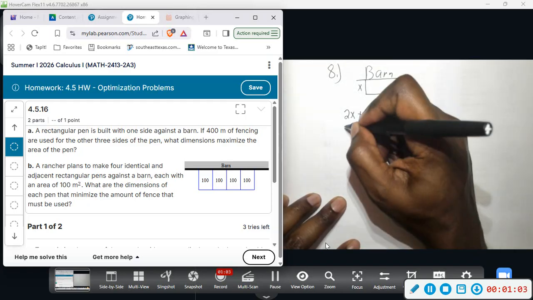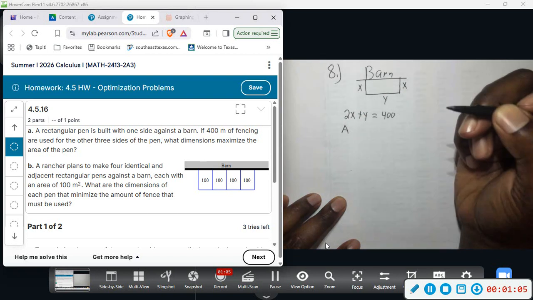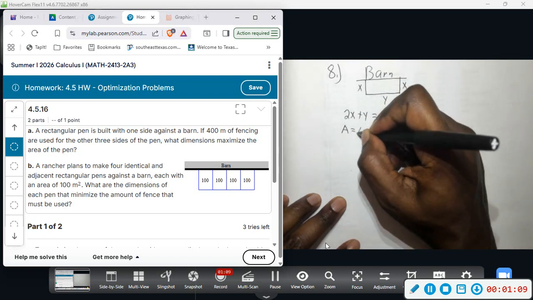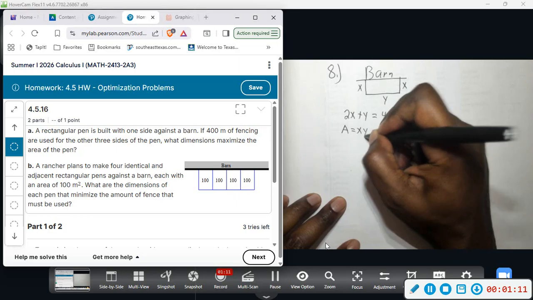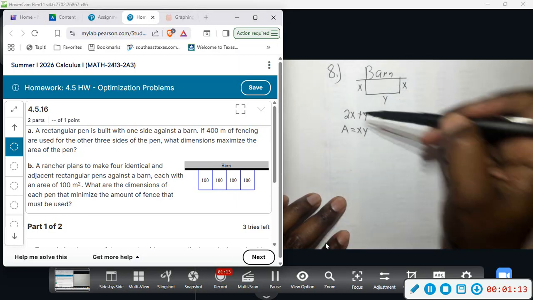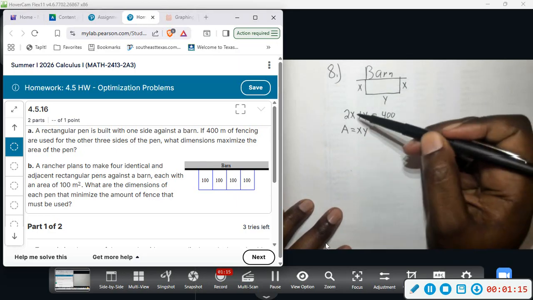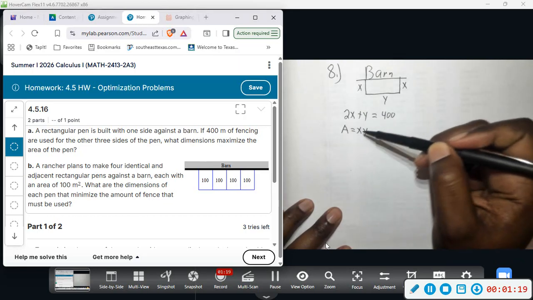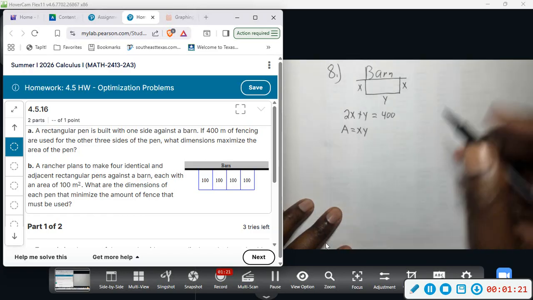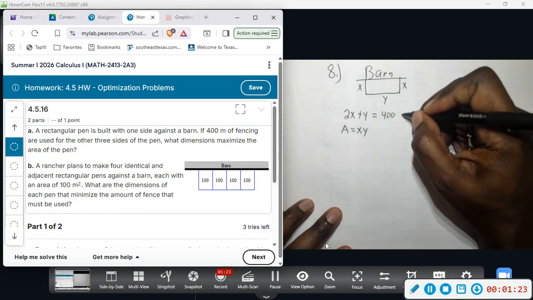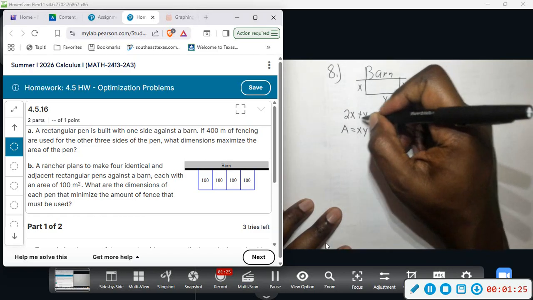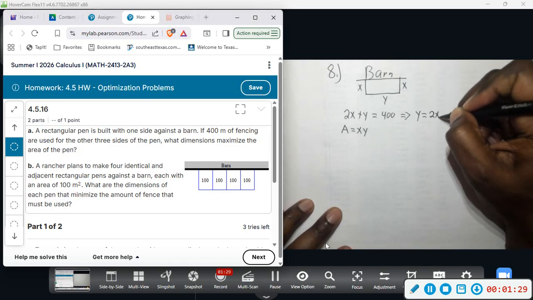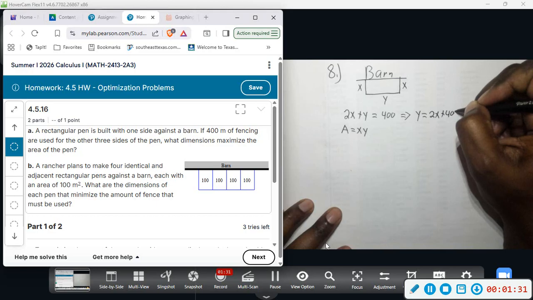And we want the area. Okay, maximum area. Area is equal to X times Y. So we want to maximize the area. So we've got to come up with these two. This would be our constraint, and this would be our objective function. We're going to solve this one for Y. So this function, another version of it, I just subtract 2x, so we'll get Y equals negative 2x plus 400.